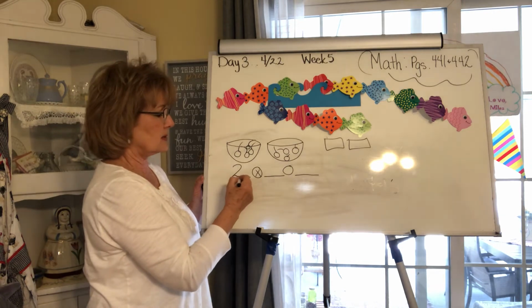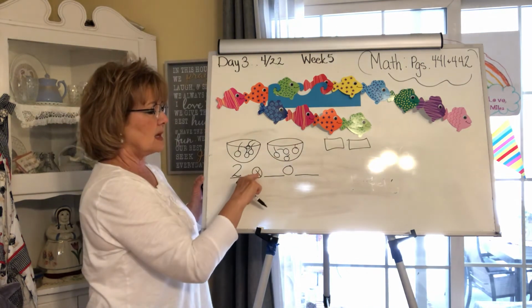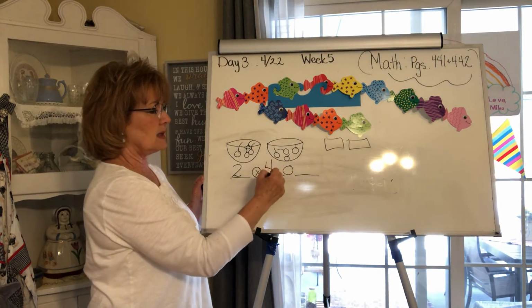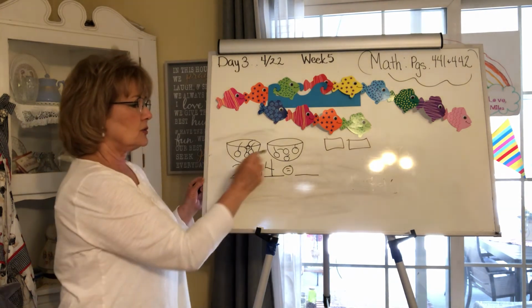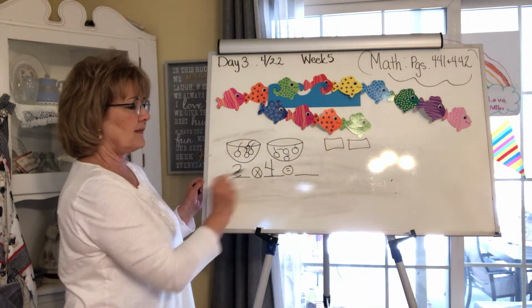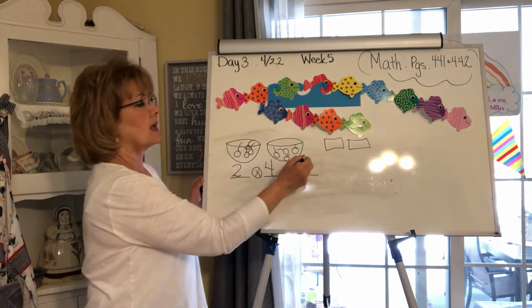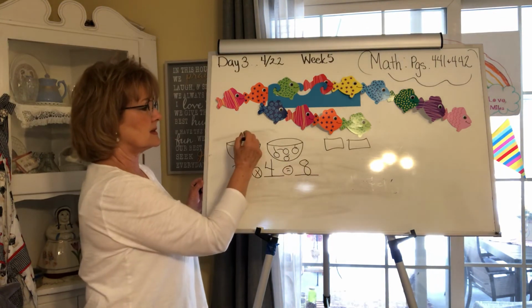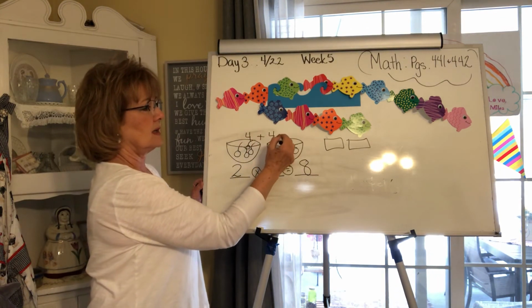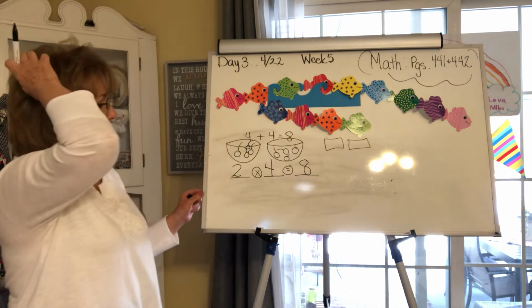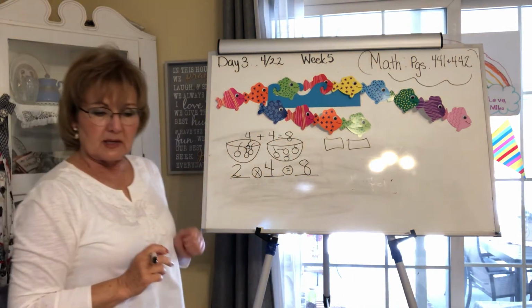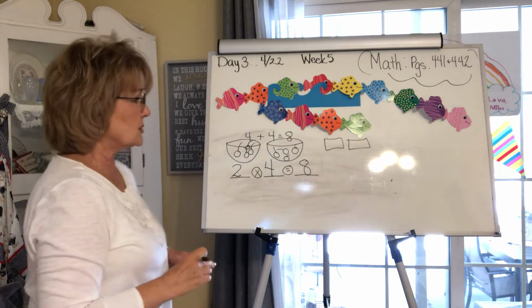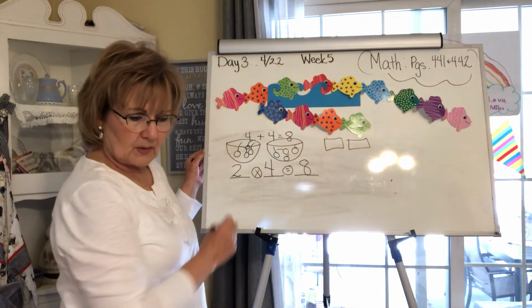That's what goes first. We have 2 groups with how many in each? 4. 2 4s. 2 times we have a 4. 4, 8. Okay, it would be the same as 4 plus 4, right? That's how multiplication and addition are related to each other. Okay, so that was number 4.